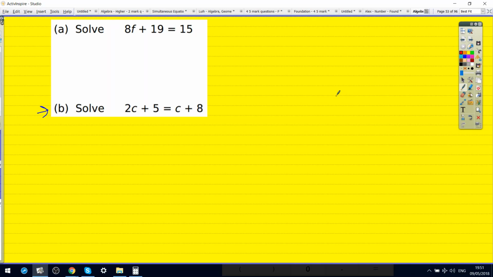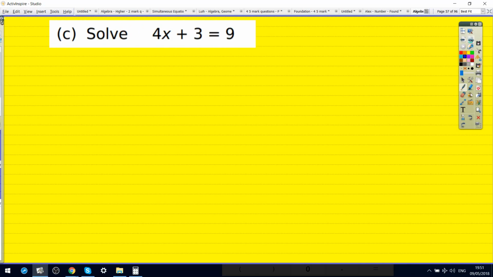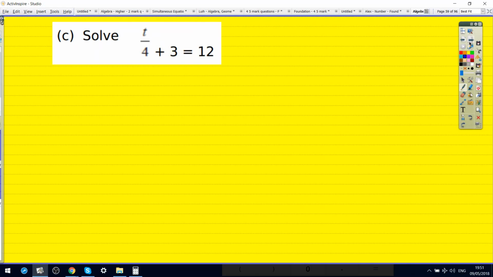Yeah, so that's 5. That would equal 3. C equals 3. Yeah, so it's easier to take away the smaller one. And these are very, very similar.